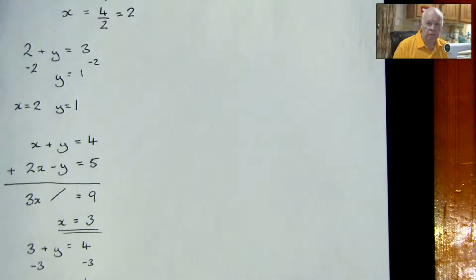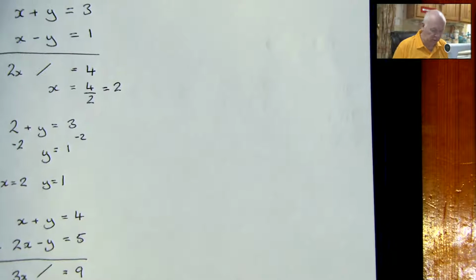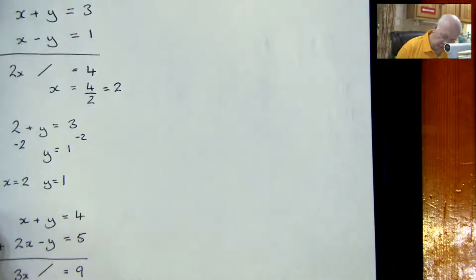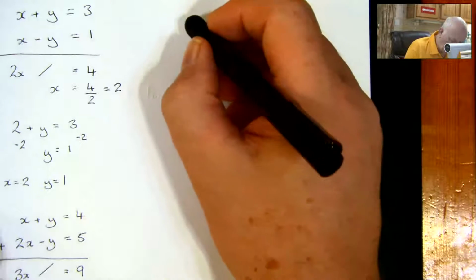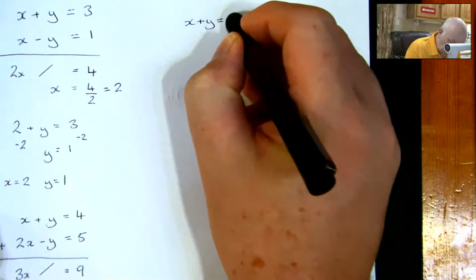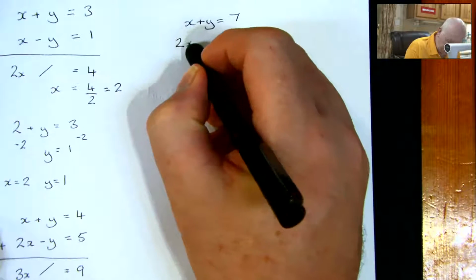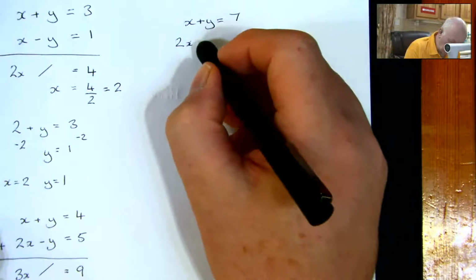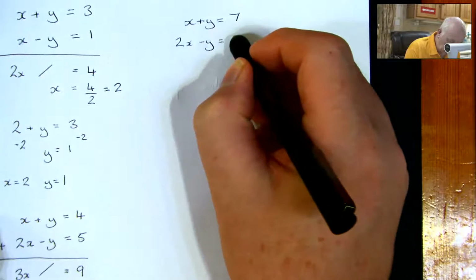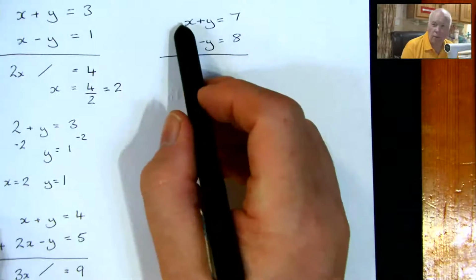Let's look at another couple of these and see what we can do with them. So we'll have another one here. I've got x plus y equals 7, and 2x minus y equals 8. The same rules apply.